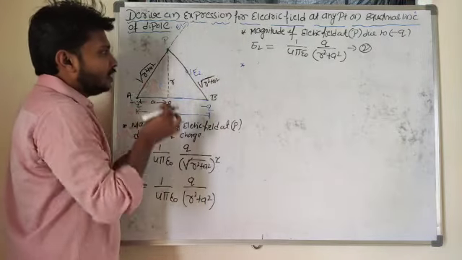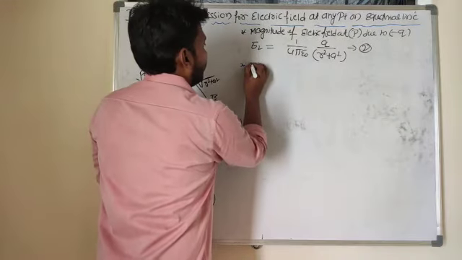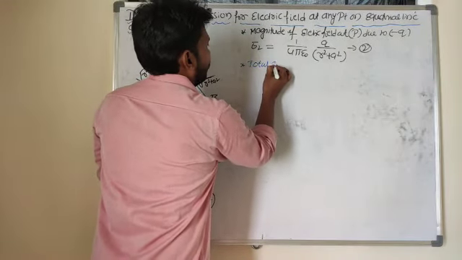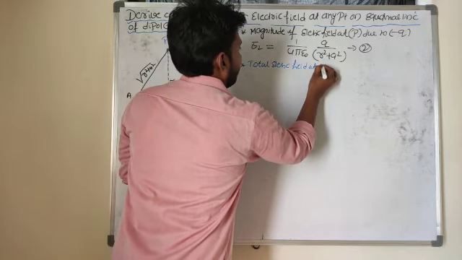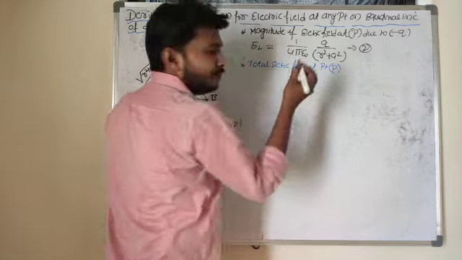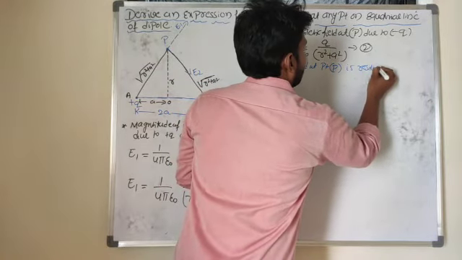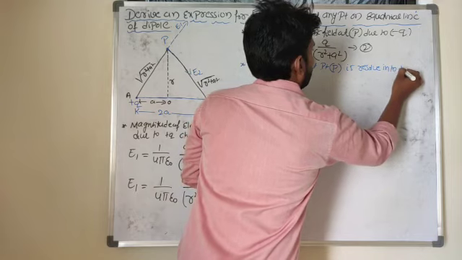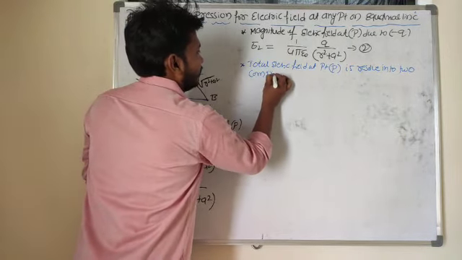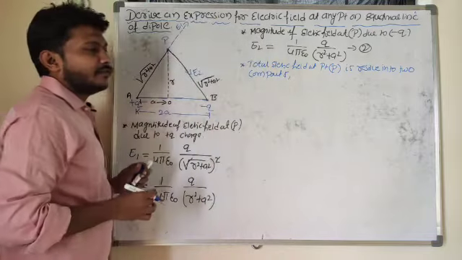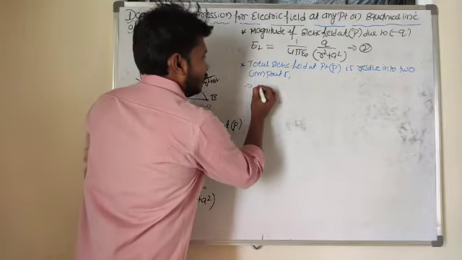So the total electric field at point P is resolved into two components. What are those two components?